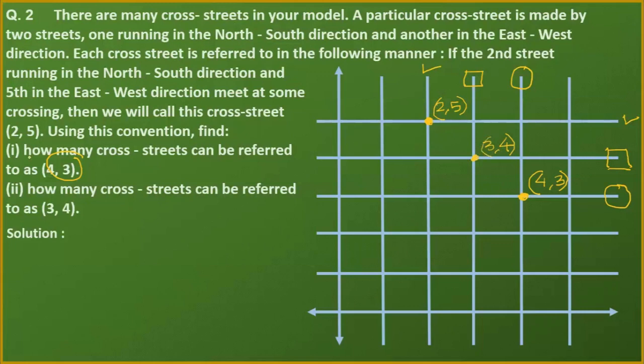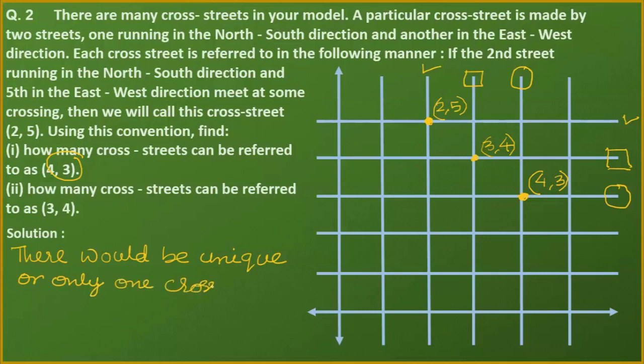So here the answer you will write down: there would be a unique, or you can say only one, cross street possible.